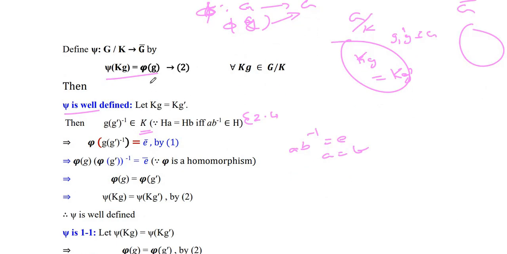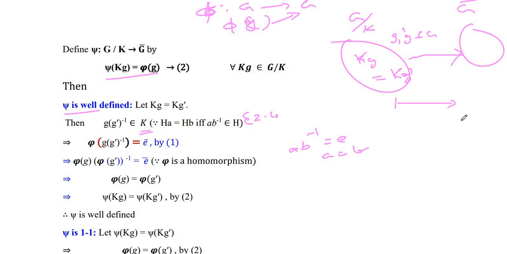But phi of g is, by 2, psi of Kg, because the rule is defined that way, and this one is psi of Kg prime. So we started with Kg and Kg prime equal in the domain, and we have got the images to be the same. So for well defined, from the domain you have to go to the codomain.